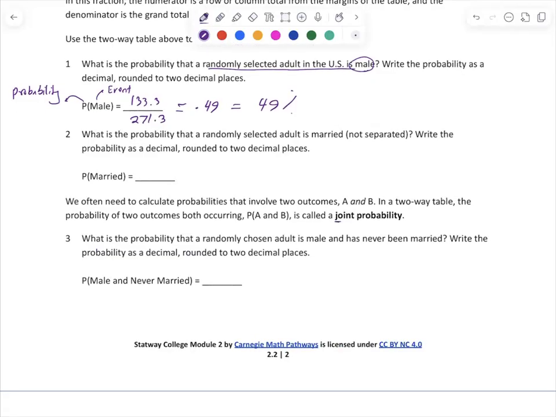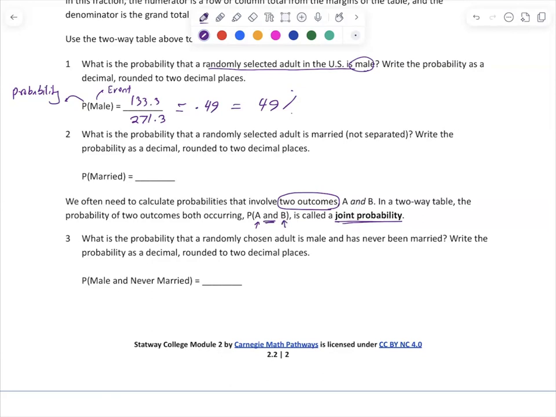You have something that we call a joint probability. We often need to calculate probabilities that involve two outcomes, like A and B. In a two-way table, the probability of two outcomes both happening is the probability of the first event and the second event.